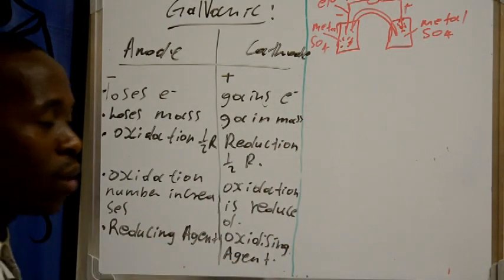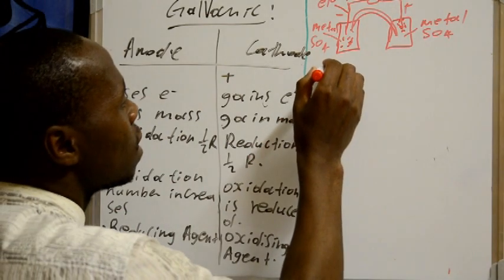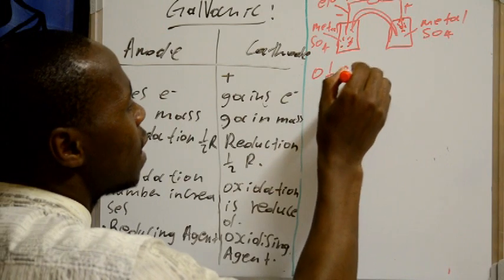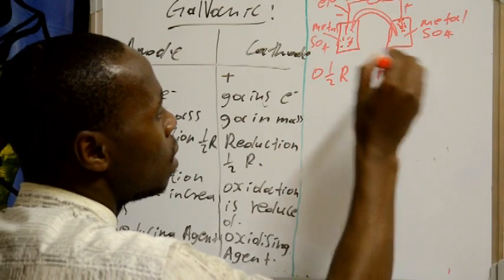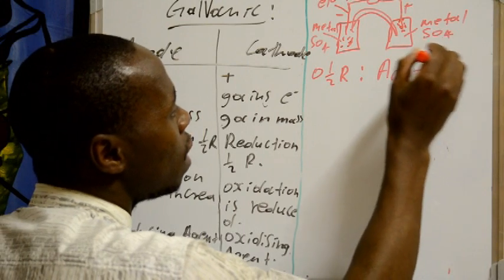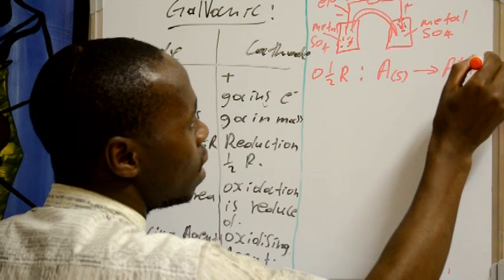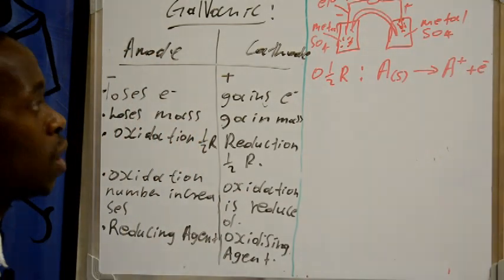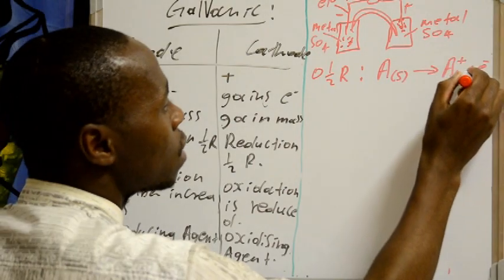So what happens at this one? Oxidation. The oxidation half reaction, where there is a loss of electrons. We always write it as a metal which gives out electrons. I will use A now, just a letter representing any metal, and this one will be in aqueous solution.